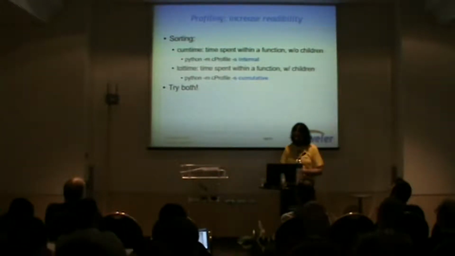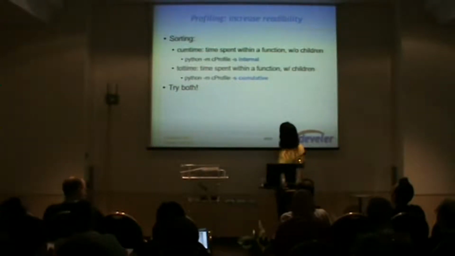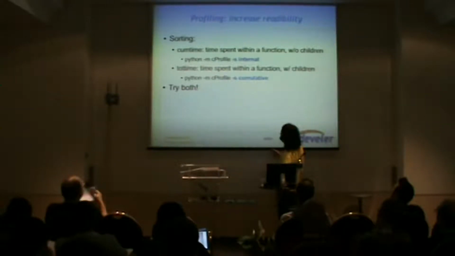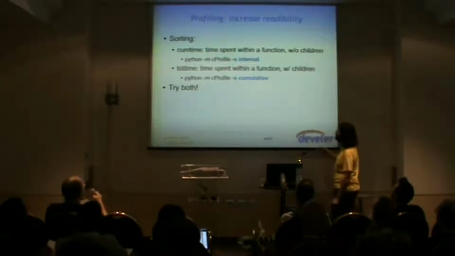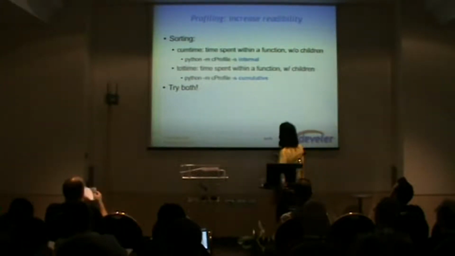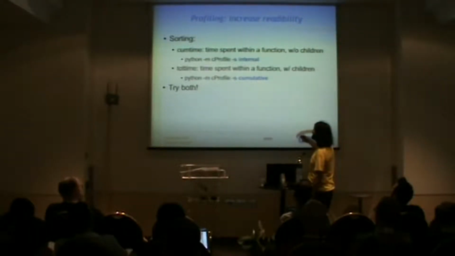I think there is a mistake in the slide actually, because actually this is cumulative, internal is tot time. Sorry, this is inverted. So the column called cum time is actually the cumulative time, and the column called tot time is internal. Okay, sorry for the mistake. I got confused because there is a clash.